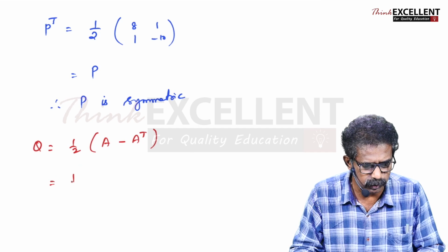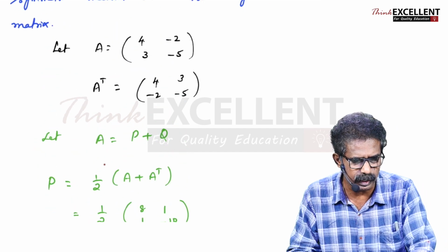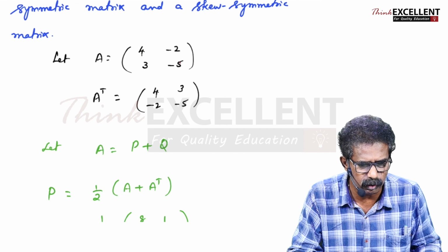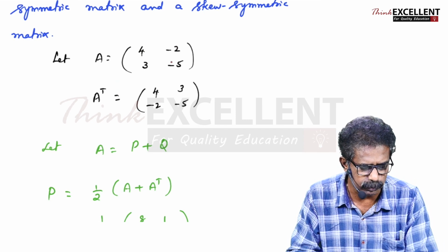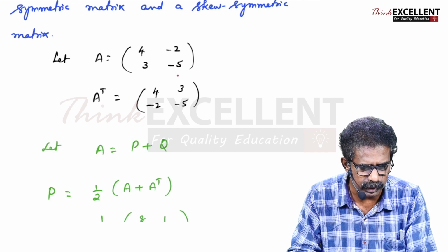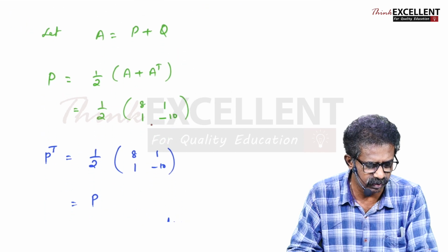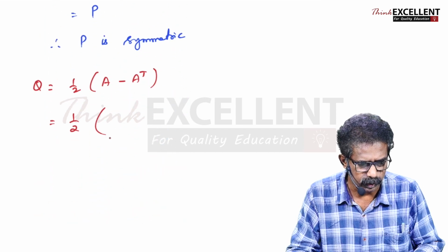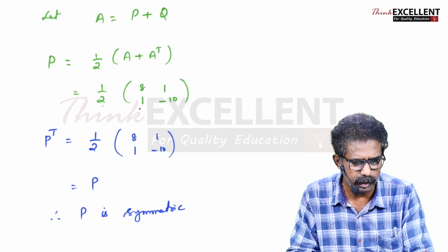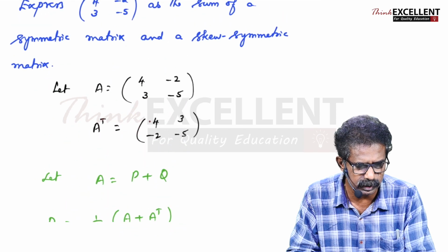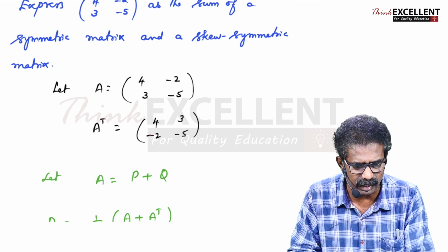So that is 1 by 2 into A minus A transpose: 4 minus 4 is 0, minus 2 minus 3 is minus 5. So 0 minus 5. Then 3 minus minus 2 is 5, and minus 5 minus minus 5 becomes 0. So 5, 0.